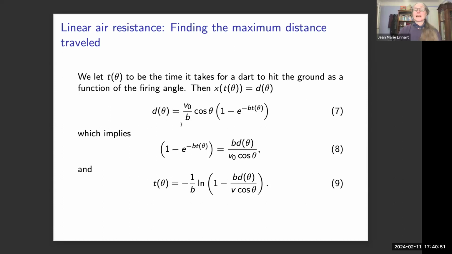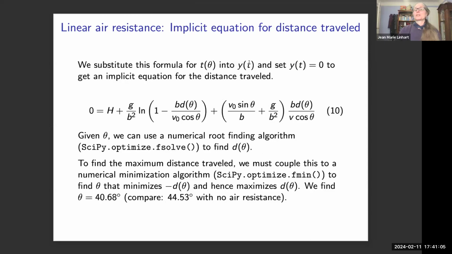So our d of theta has this expression right here, v naught over b cosine theta times 1 minus e to the minus b t of theta. We can solve this for t of theta, which we do. Then we can put this back into our equation for y of t, setting y of t of theta equal to 0. And now we've got an implicit equation for d of theta.